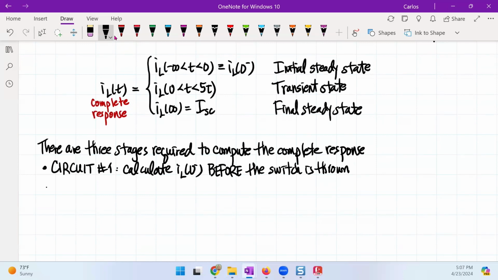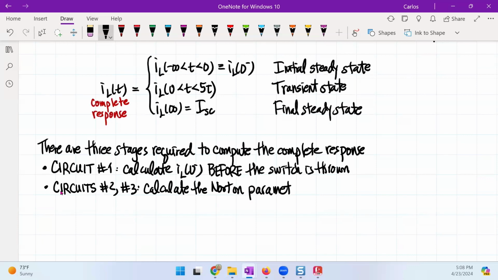Once the switch is thrown, we then have 2 circuits that we have to deal with. We need circuits number 2 and number 3. Now we calculate the Norton parameters. What are the Norton parameters?